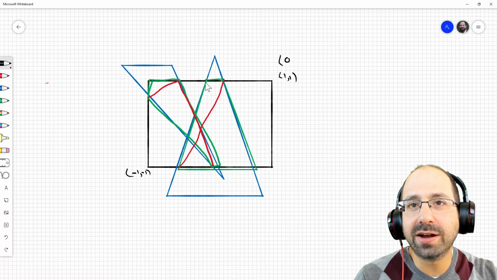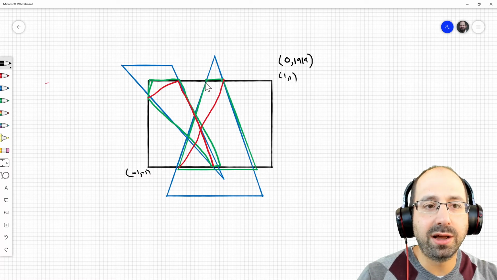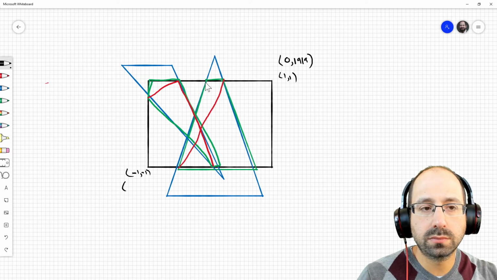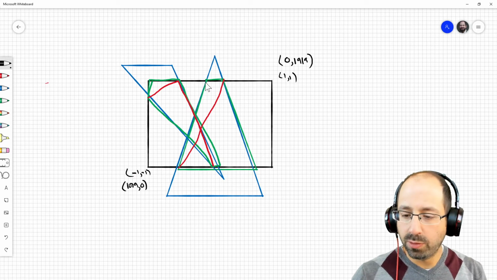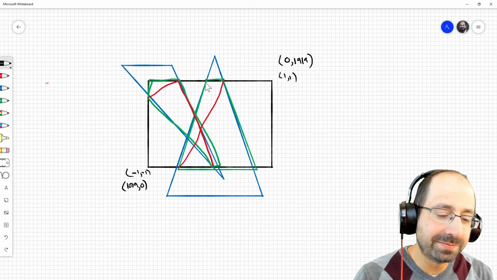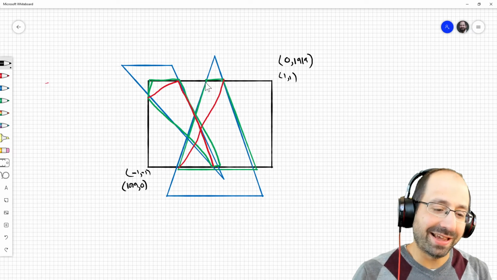This then becomes our 0 1919, and this becomes our 1079 0 point there. What does that then mean for those things that are outside that range?